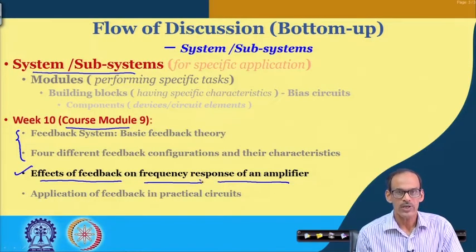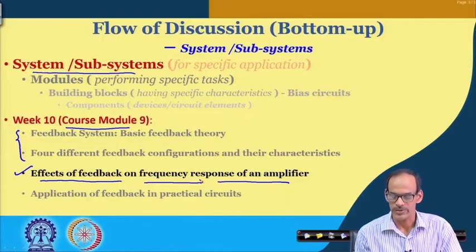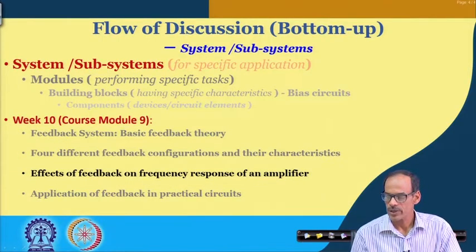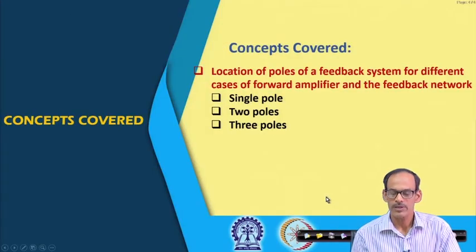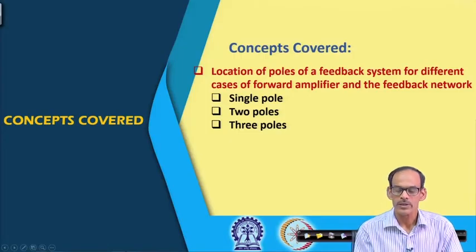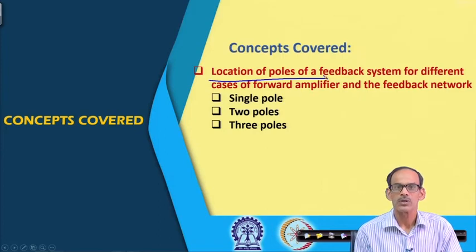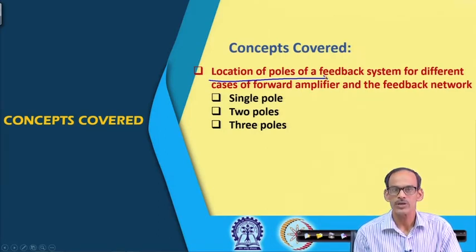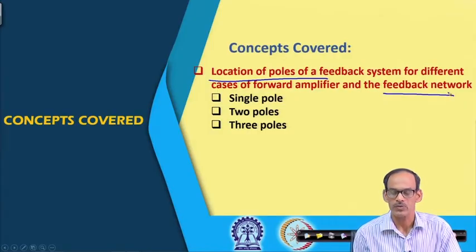Our discussion today is relatively generic, and we will see how the frequency response changes due to the presence of the feedback circuit. The concept we will cover is primarily how the locations of the poles change in the feedback system, due to the location of the amplifier's poles and also the poles of the feedback network.